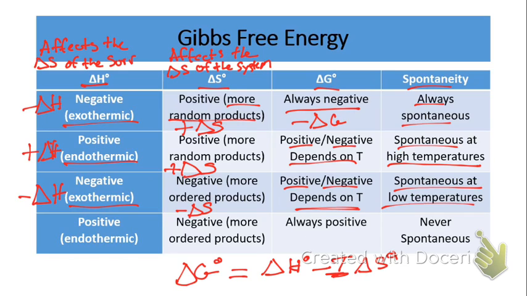But exothermic reactions are going to dump a lot of heat energy into the surrounding environment. And when they dump all this heat energy into the surrounding environment, it's going to create a greater increase in entropy. So at low temperatures, there's not a lot of energy in the environment. So exothermic reactions put a lot more energy into the environment.